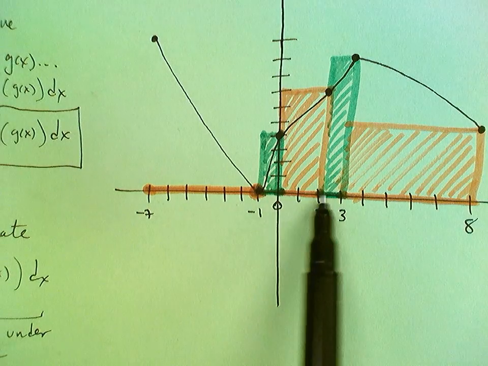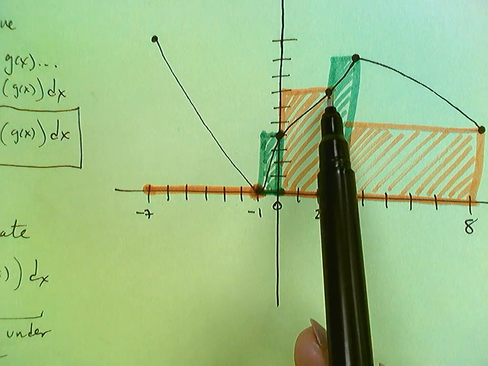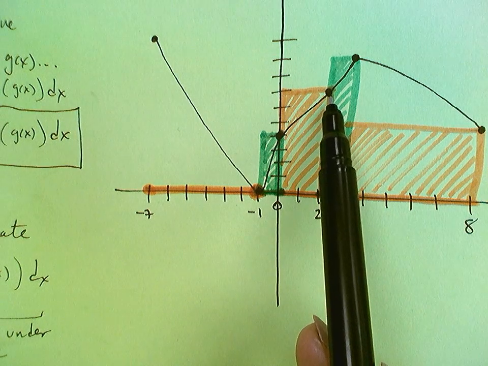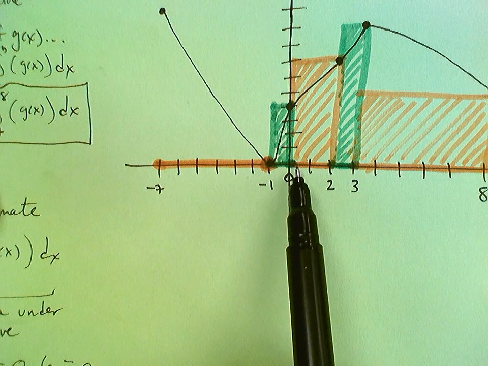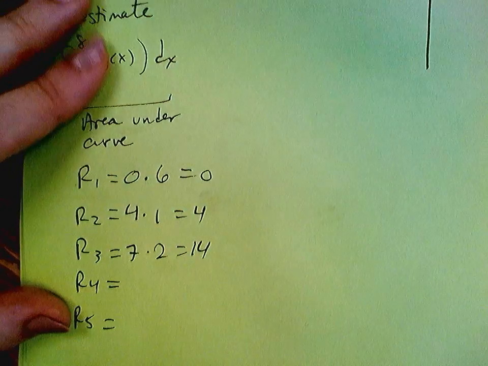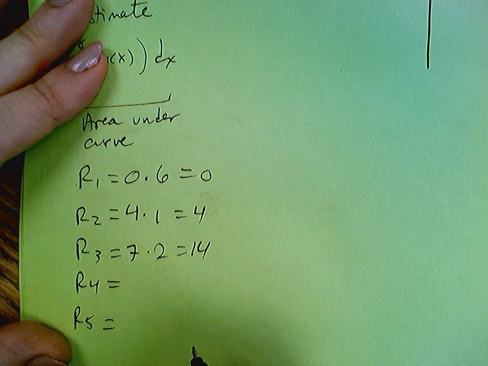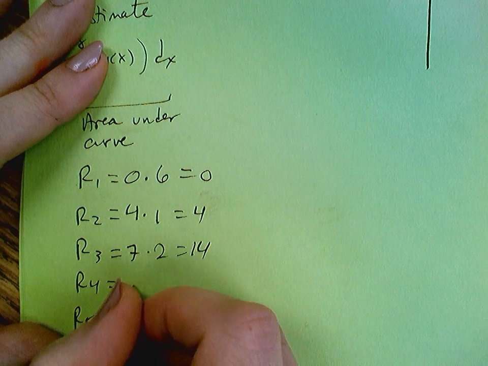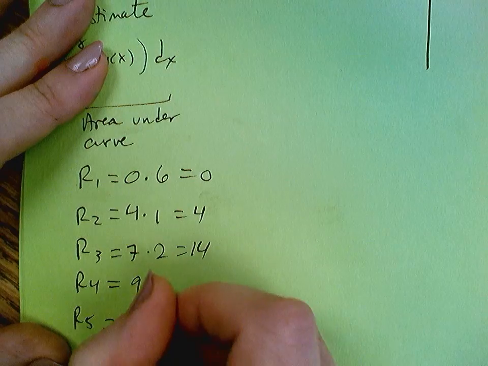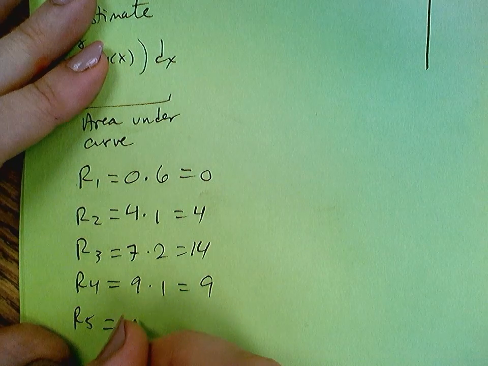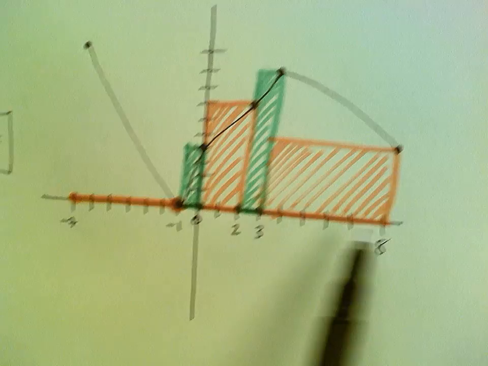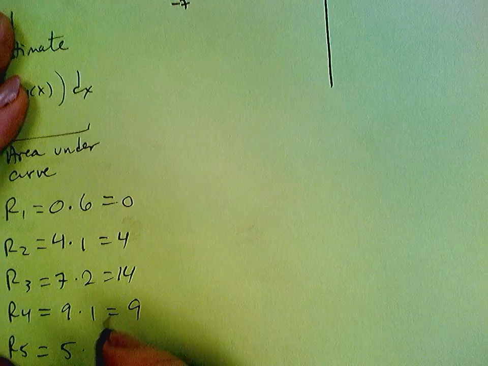Rectangle 3, this third one, the height is 7, and the base is 2. And then rectangle 4, the height is 9, and the base is 1. And rectangle 5, the height is 5, and this base here is also 5.